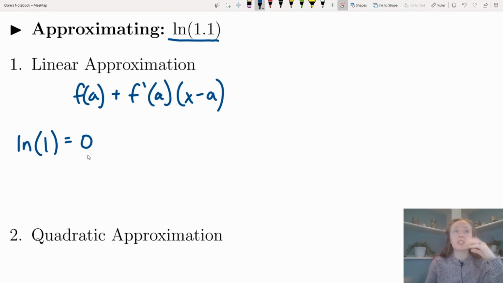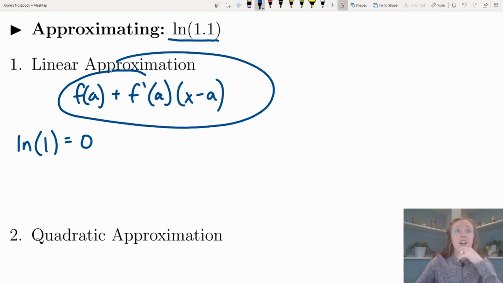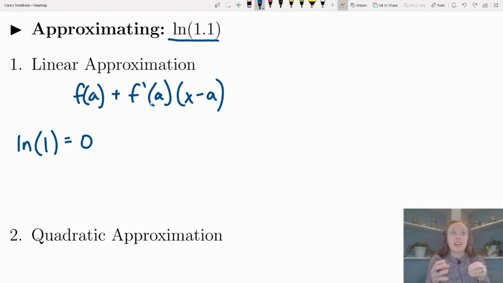So what this equation does is it simply takes that tangent line at the point and moves along the tangent line to estimate the next point, as opposed to moving along the function. So with that being said, the a value we're choosing, or centering around in this case, is going to be 1, because we know the ln of 1.